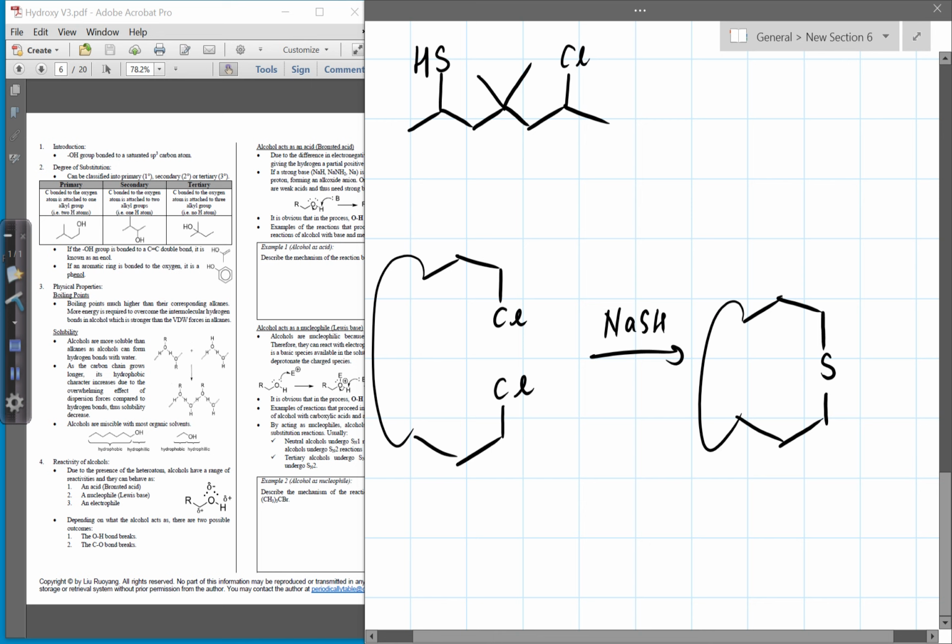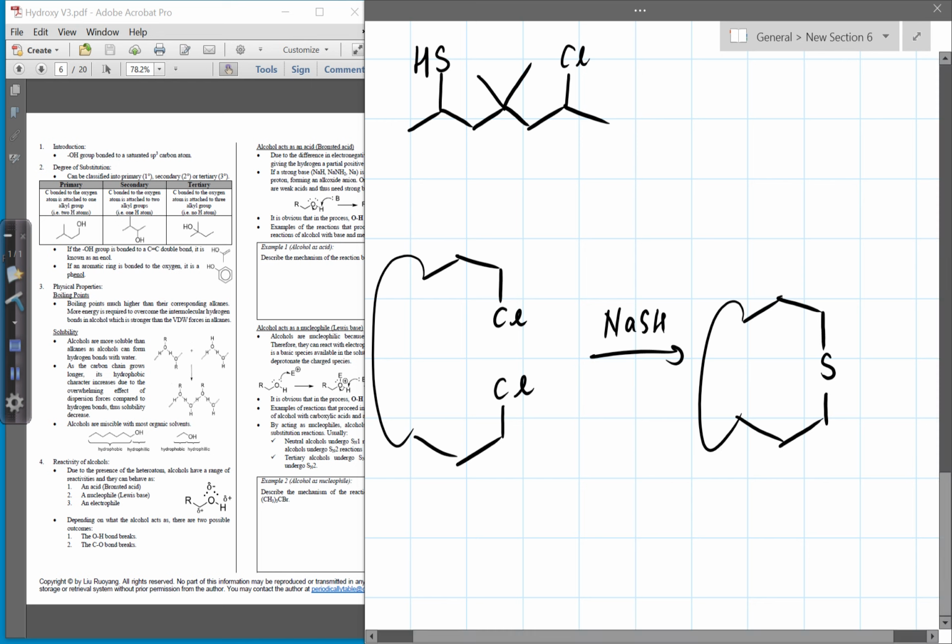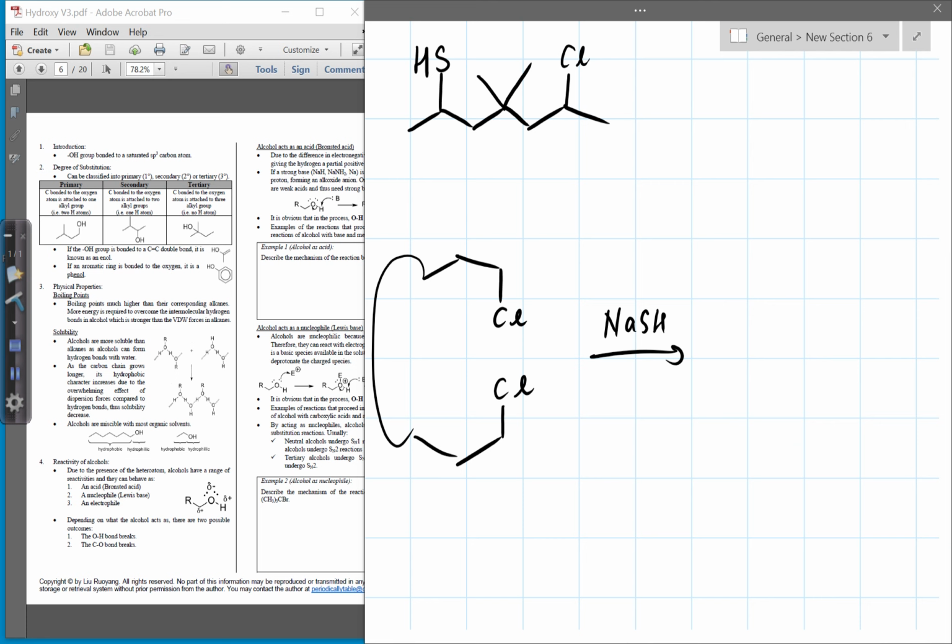So this is correct, but try to make it, how to say, symmetrize it, make it look nicer, right? You should have a cyclic product. Try to number the atoms if you are not confident in drawing the structure.